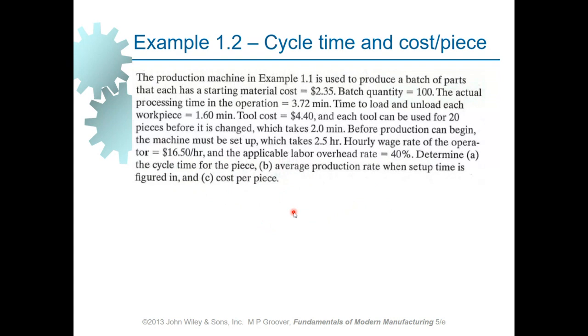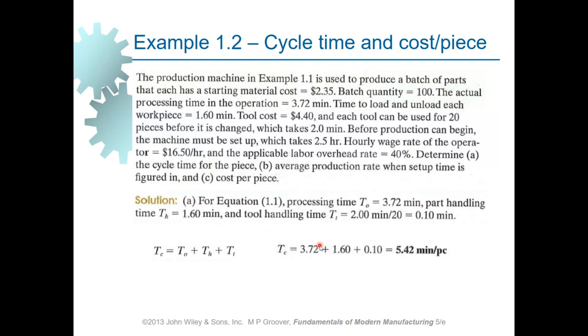So what do we do? We simply take out from the equation sheet the equation for this. That is the first equation on the equation sheet. We take it out and we substitute the values that are given in the statement of the problem one by one. TO is given up here, 3.72 sits there. And then TH, that is the handling time, is given up here.